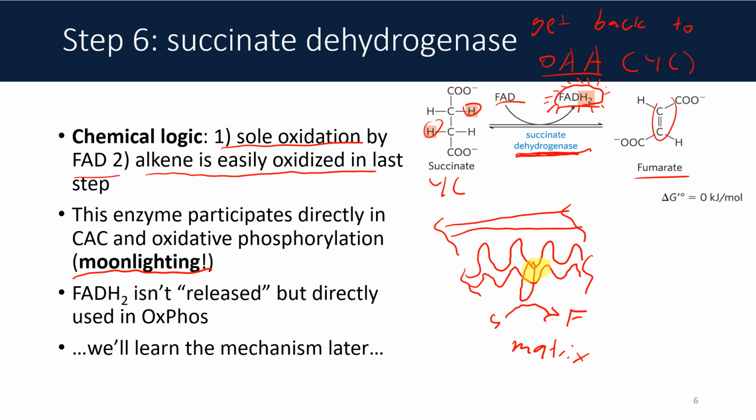But I would just like you to know that the FADH2 that we create through this oxidation is not just released into the matrix. It gets used right away in this membrane-bound portion, which I've circled over there.